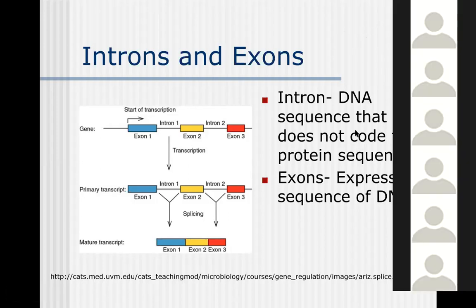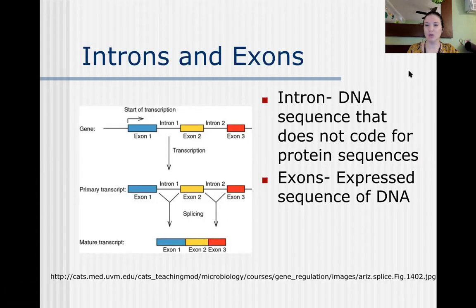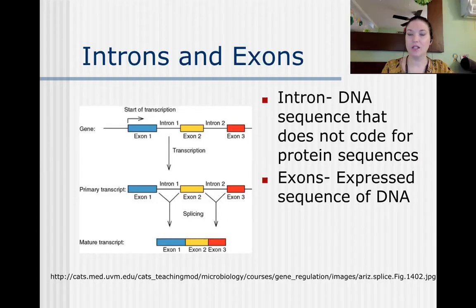Okay, so when we're talking about genes, the gene itself, as it appears in the DNA, is not actually the same sequence of amino acids that are going to go into the protein that you're going to build, which is kind of wild. It's weird that this happens, and I'll tell you scientific hypotheses for why that might be the case.